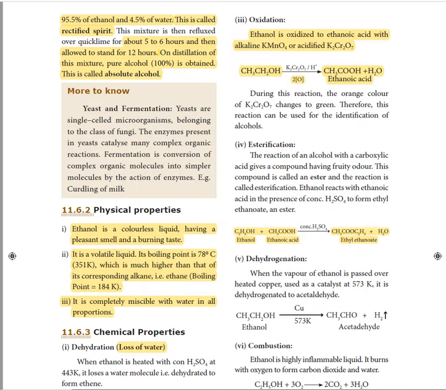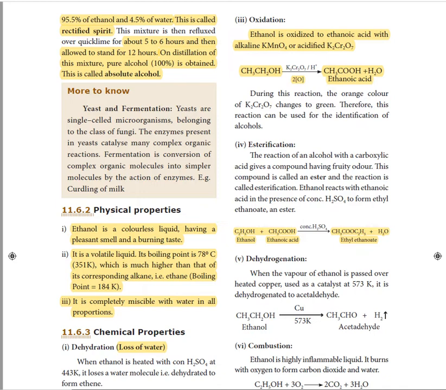This equation you have to practice many times. Remember the formula of ethanol, C2H5OH, and ethanoic acid, CH3COOH. You can write it very easily. From ethanoic acid, you remove the hydrogen, CH3COO, and along with that you add C2H5, and you remove water. You will get your required ester formula.